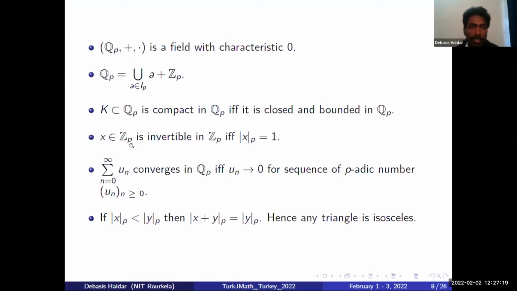Any p-adic integer x is invertible if its p-adic norm is equal to 1. Any series is convergent if its sequence goes to 0, and if the norm of x is less than or equal to the norm of y, then the norm of x plus y is equal to the norm of y. So any triangle is isosceles.